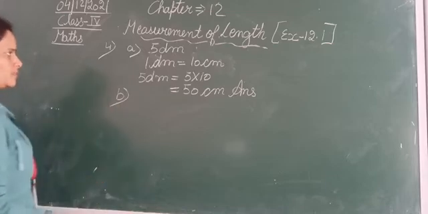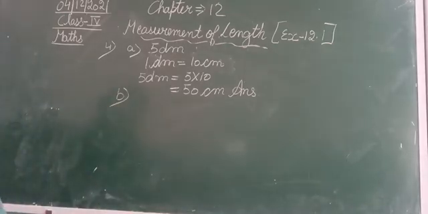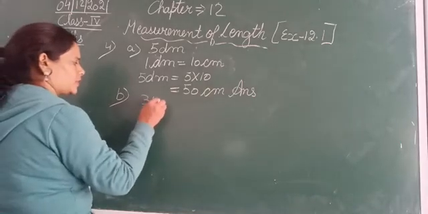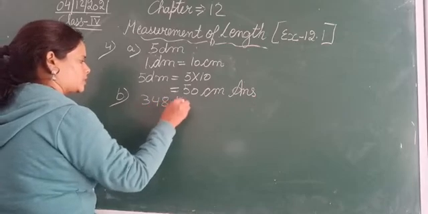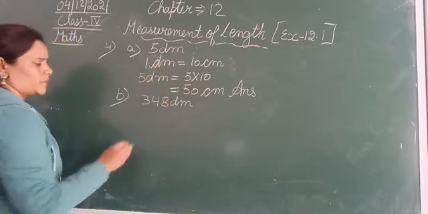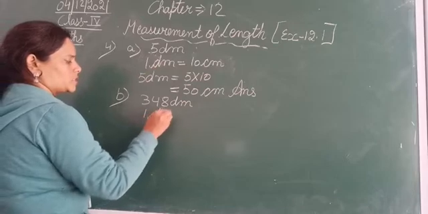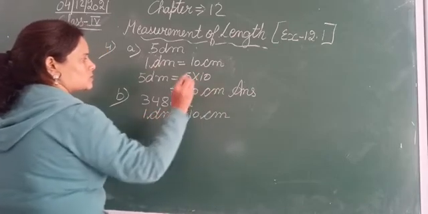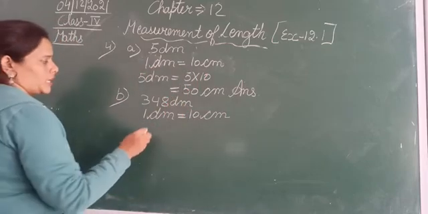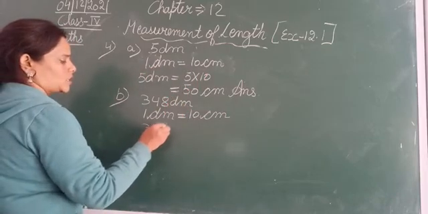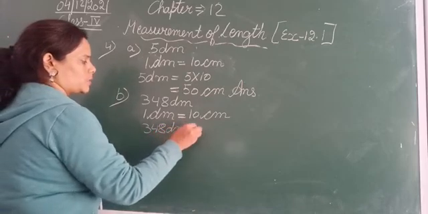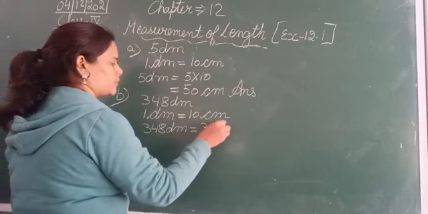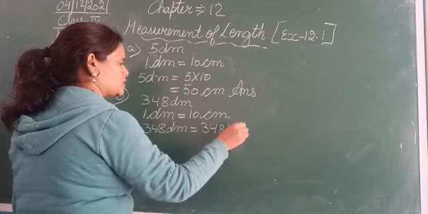Moving to the B part. 348 decimeter. Again, 1 decimeter is equal to 10 centimeter, and 348 decimeter is equal to 348 into 10.